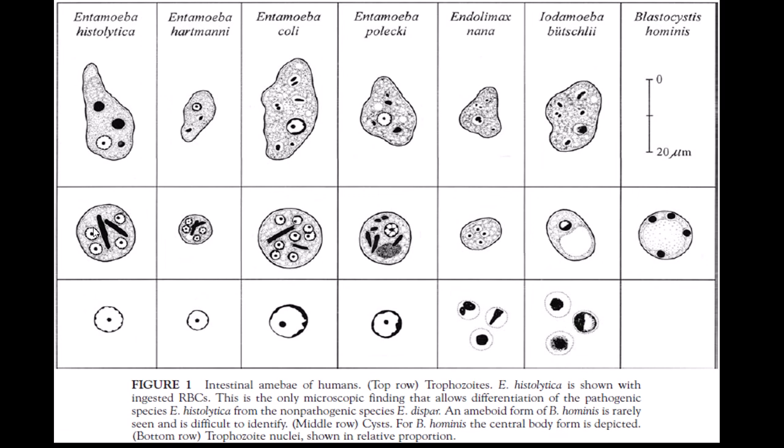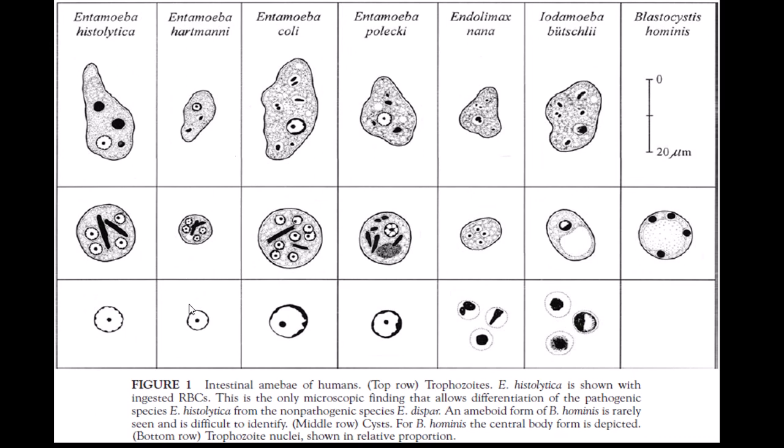Trophozoite stage, for example, or the cyst stage, regarding the number of nuclei and the distribution of the nuclear material, is extremely important to know. So in Entamoeba histolytica, the nucleus is bullseye, up to 4 nuclei in number, no more than that.